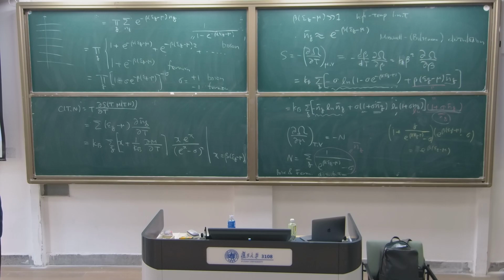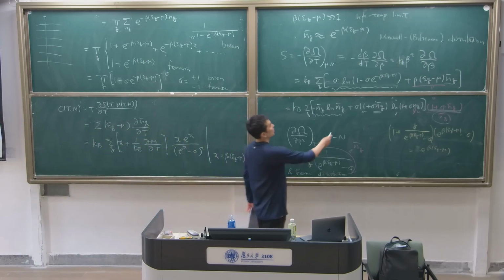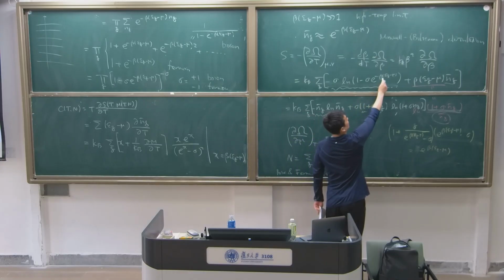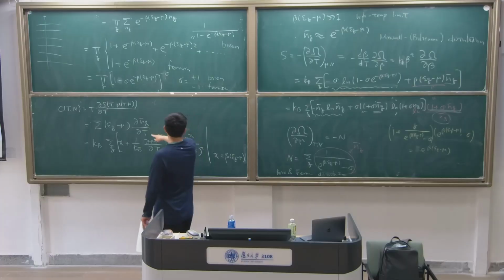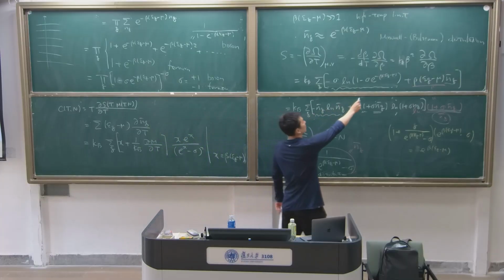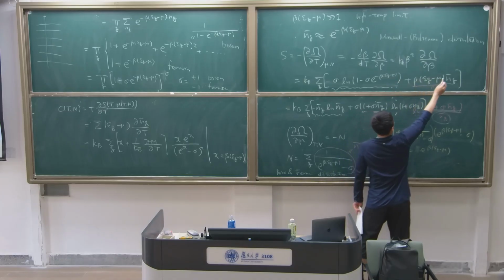You have to do the honest calculation. Since there is a p here, the derivative with respect to T acts on this, and also mu here, and beta here.